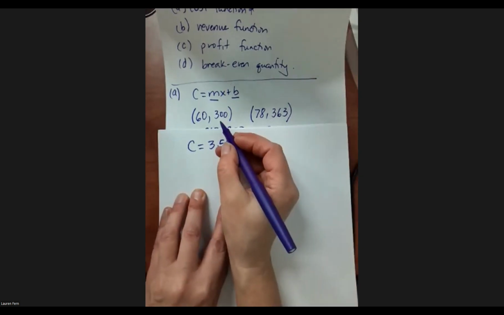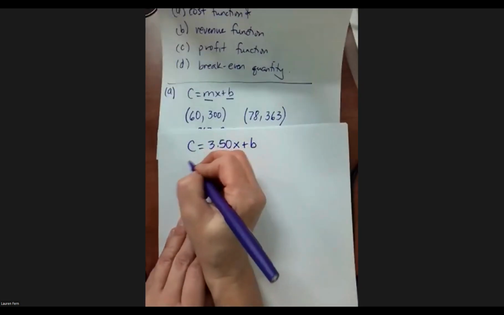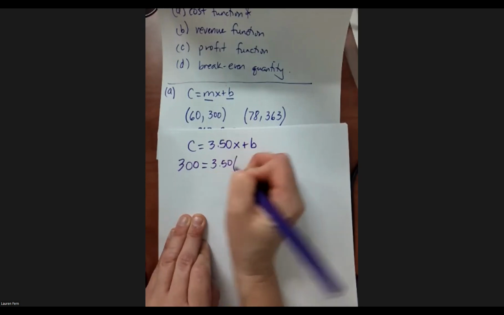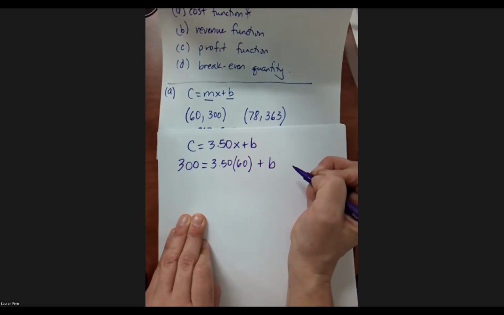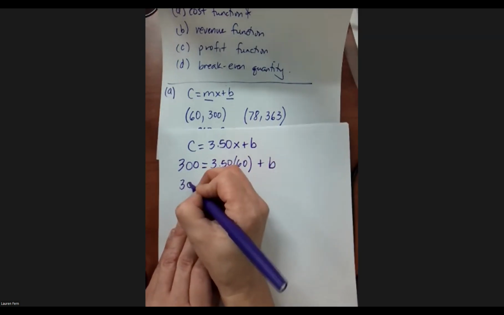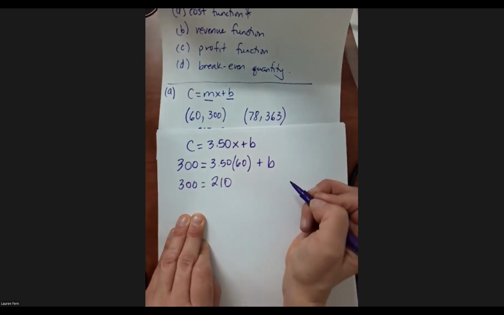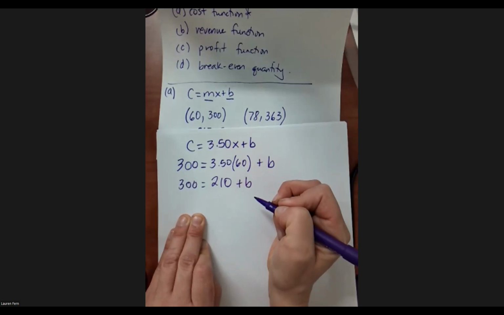Okay, so I'm going to take this one. You'll get the same thing if you take this ordered pair. So we know that our cost is 300 when we make 60 t-shirts. Well, if I take 3.5 times 60, I get 210 plus B. And how do I solve for B?